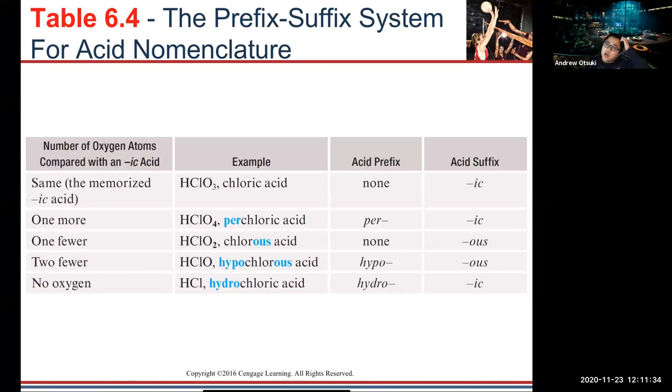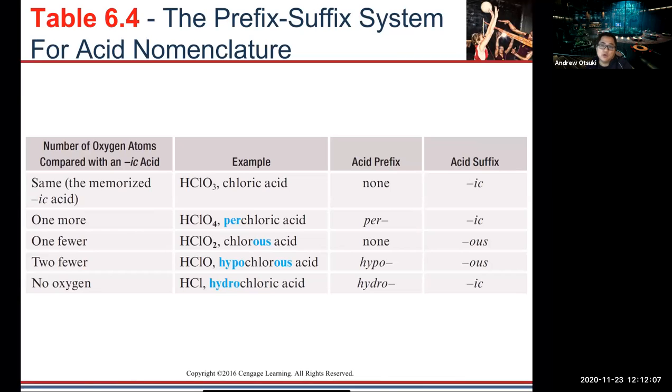I know there's a lot to remember and memorize here, but it's easier if you look at the reference acid, which is the ic acid. You can relate back how the naming changes according to the formula. And now with no oxygens, we just have hydro and then ic at the end. So hydro is the acid prefix, and ic is the suffix.